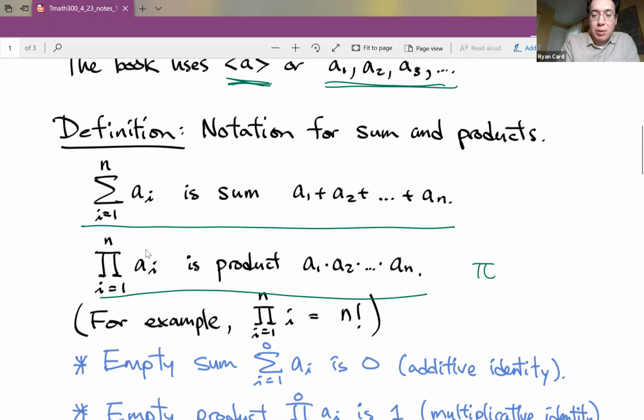Pi equal to 3.14 is usually the lowercase letter. The capital pi looks slightly bigger, and it has straighter legs than the lowercase counterpart. And when you use that notation instead of sigma, it's p for product. So you multiply them.